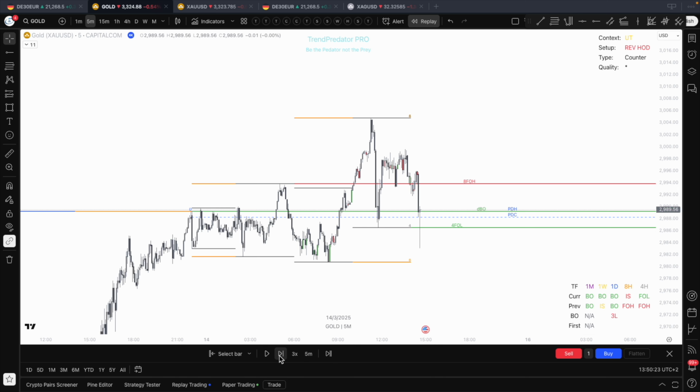But here we now lose that level, and we are in a daily fake out high, and then it already shows a short setup here, but it's still counter trend because week and month is bullish. So I wouldn't take a short and I wouldn't take a long here. I wouldn't take anything because it's just conflicting in both directions, and you are trading exactly around the critical level. So you're just observing.